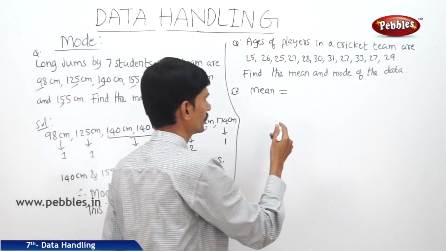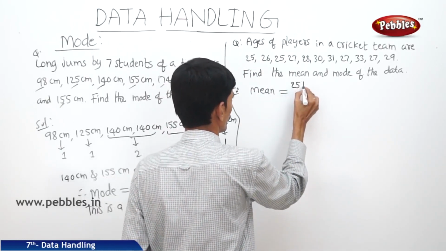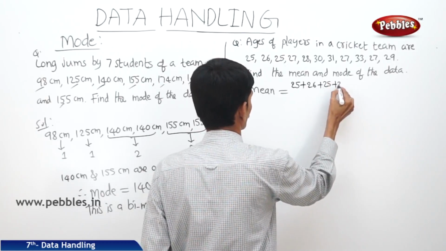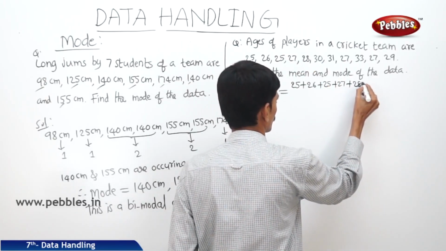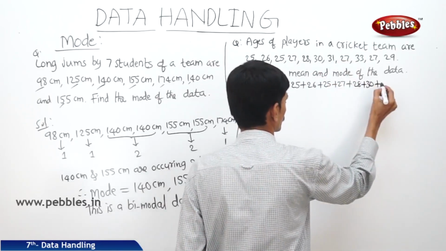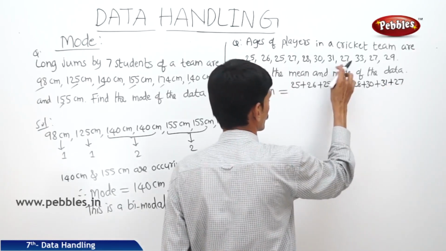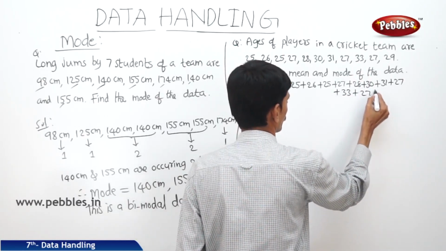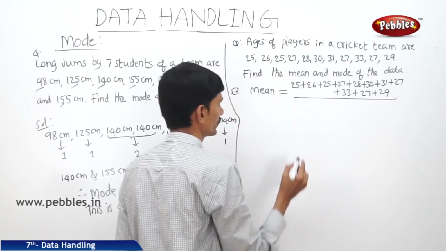So if you want to find the mean, first we will add all the observations: 25 plus 26 plus 25 plus 27 plus 28 plus 30 plus 31 plus 27 plus 33 plus 27 plus 29, divided by the total number of observations.